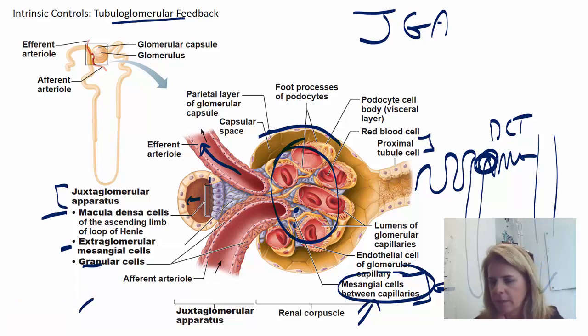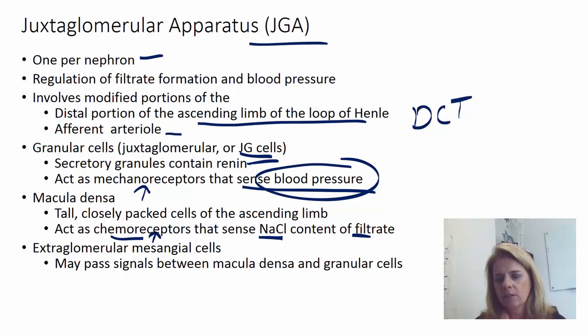So again, just to be clear, here are your macula densa cells, here are your granular cells, and then here are your mesangial cells. You can see they're between the macula densa and the granular cells, so they may act in some kind of communication. They may be able to pass signals between the macula densa and the granular cells.